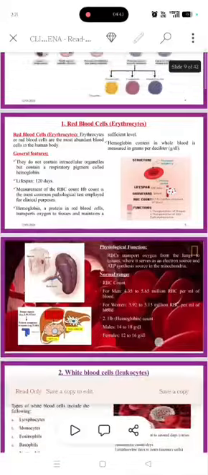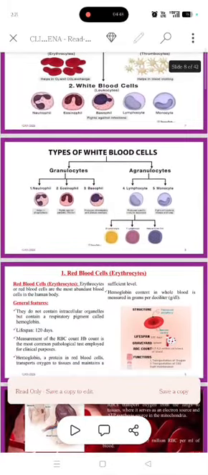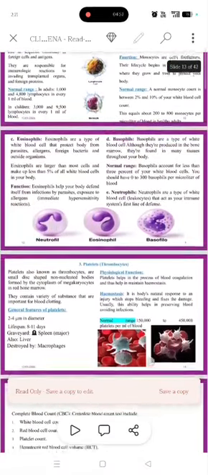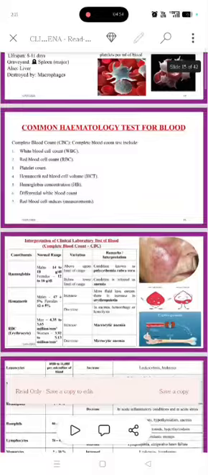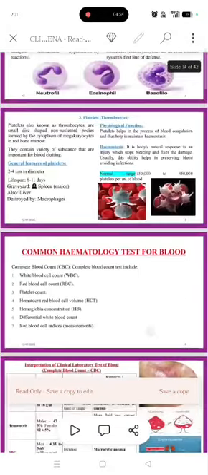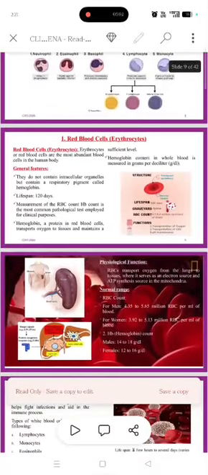Then erythrocytes. Red blood cells, erythrocytes, are the most abundant blood cells in the human body.